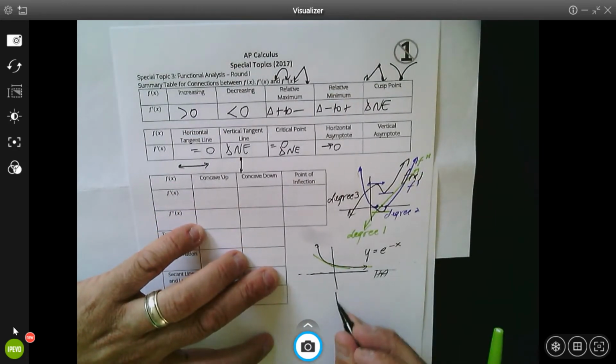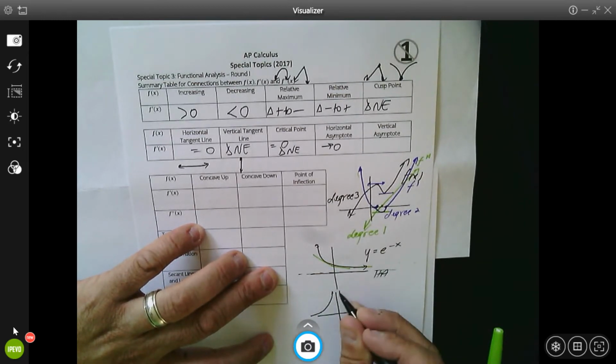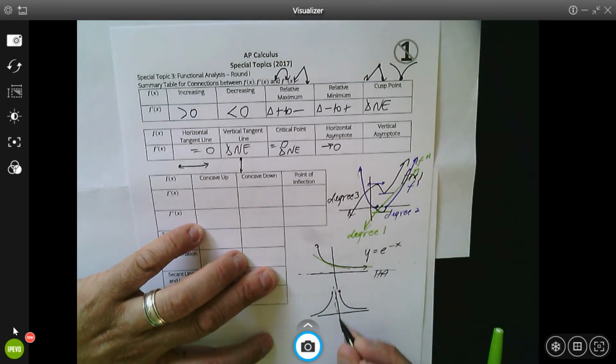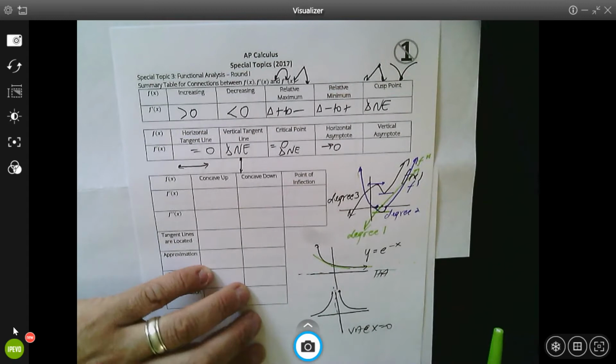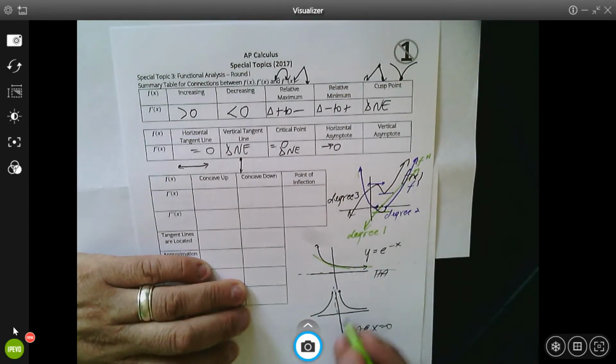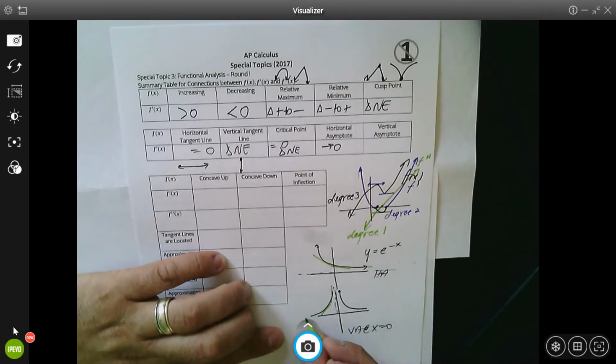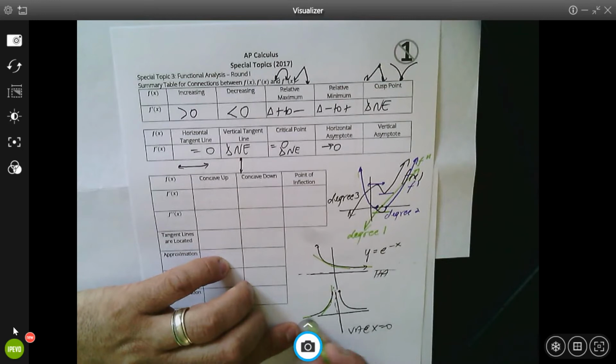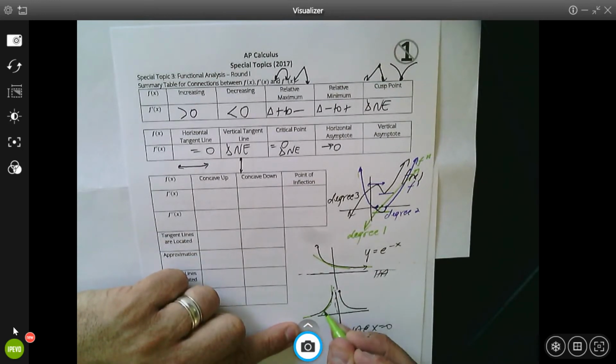However, if my graph has a vertical asymptote, say for example the graph of y equals 1 over x squared has a vertical asymptote at x equals 0, as your graph gets closer, closer, closer to that vertical asymptote, again drawing some tangent lines, what you'll see is that the tangent lines start off relatively flat, and then they increase in slope, and increase in slope, and increase in slope.